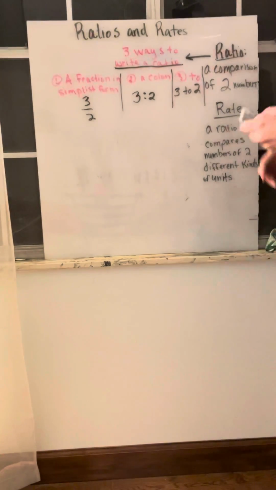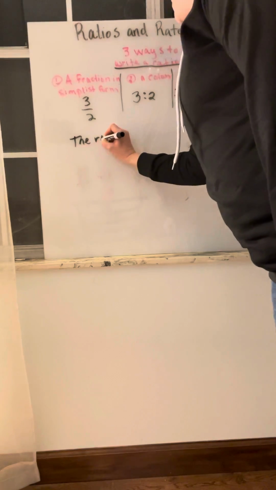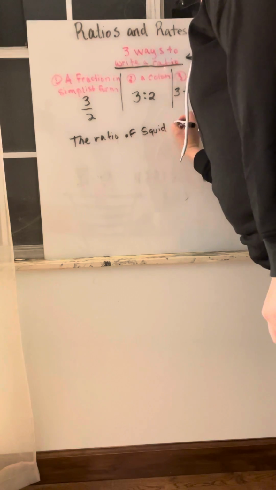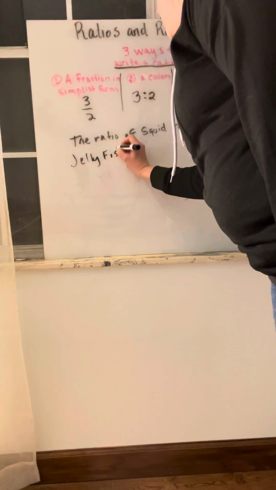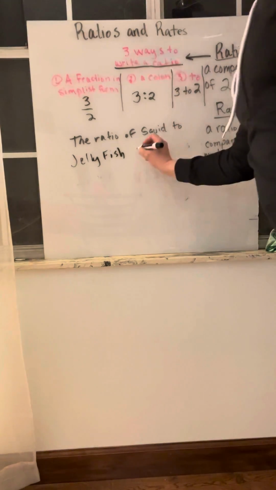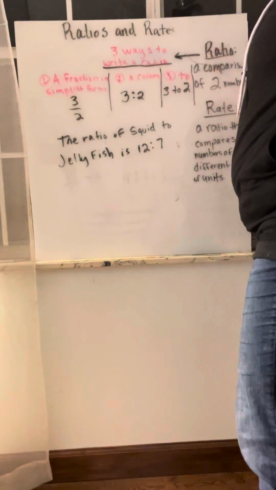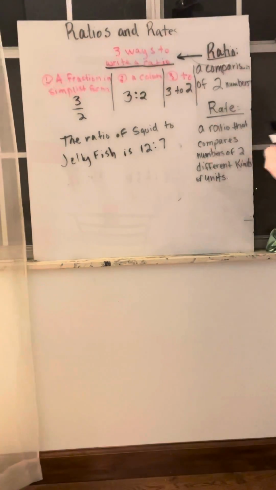Okay, for instance, the ratio of squid to jellyfish is 12 to 7. Oops, that was a mistake. Make sure I can still see that. All right, we're good. Okay, it's 12 to 7.